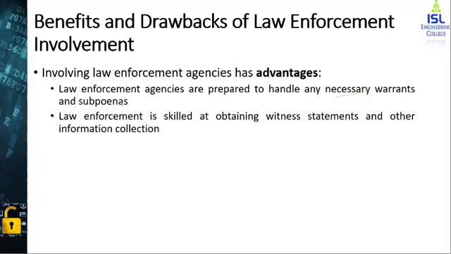That is, if suppose there is a violation of service, and a warrant is issued, or another party is requesting, via subpoenas, all of your files, all of the documents related to that particular case, then a law enforcement team has a better strategy for how to handle all the scenarios. And law enforcement is also skilled at obtaining witness statements, getting people to accept what they've done.